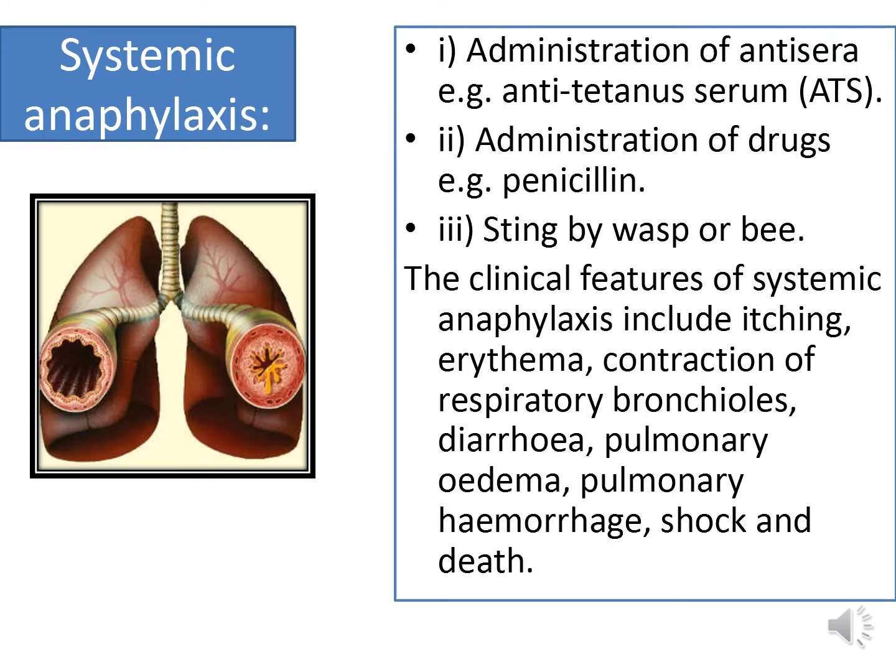Systemic anaphylaxis, in case of administration of anti-sera or anti-tetanus serum, for example, administration of drugs like penicillin, sting by a wasp or bee. The clinical features of systemic anaphylaxis include itching, erythema, contraction of respiratory bronchioles, diarrhea, pulmonary edema, pulmonary hemorrhage, shock, and death.